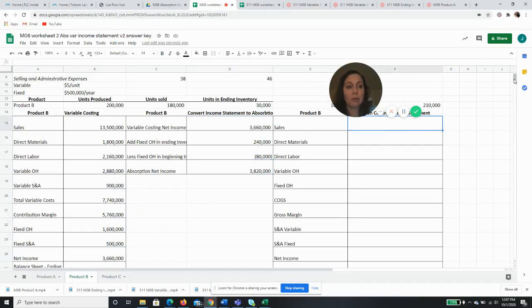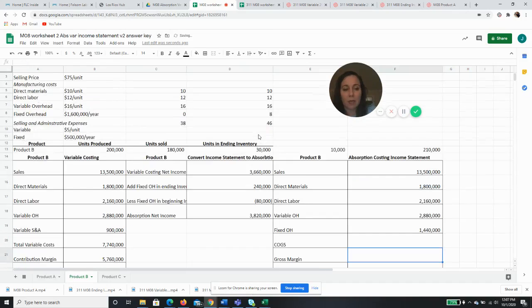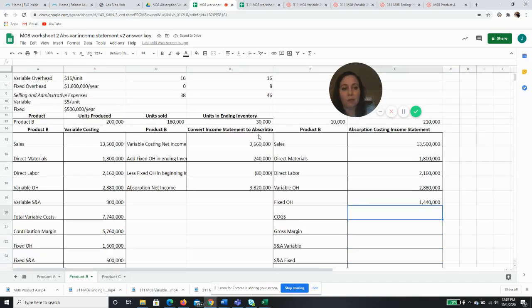Okay, let's calculate it and prove it out. So I'm just going to copy over information from variable that I know will be the same. All right, my fixed overhead is the number of units sold times my fixed overhead per unit under absorption, which is 8, and that gives me 1,440,000.